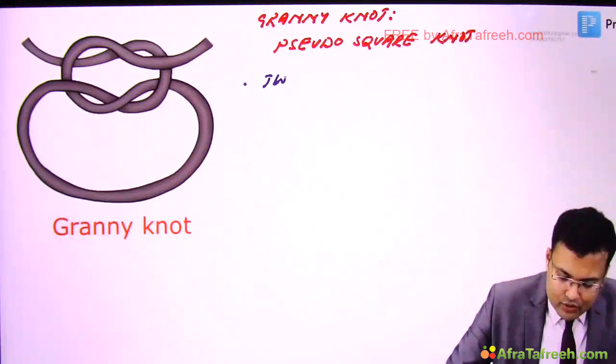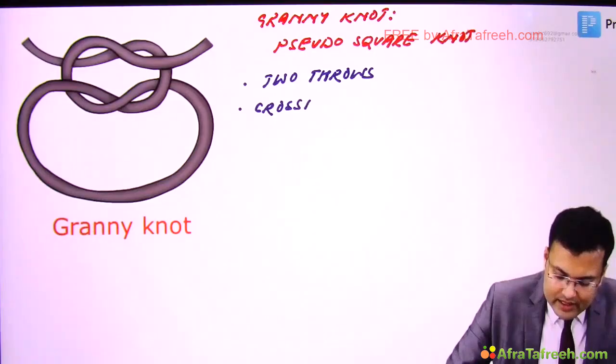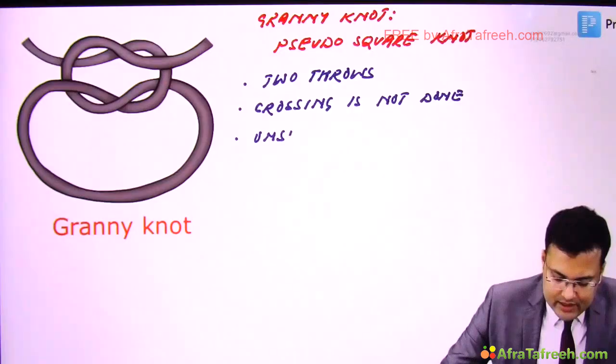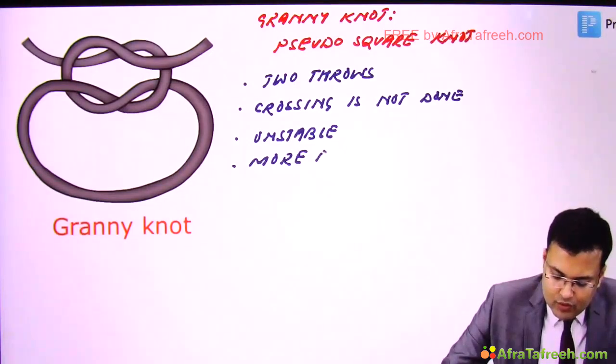We take 2 throws. Clear? But crossing is not done. And since crossing is not done in any throw, it's relatively unstable and more prone to slip. Right? It's more prone to slip.